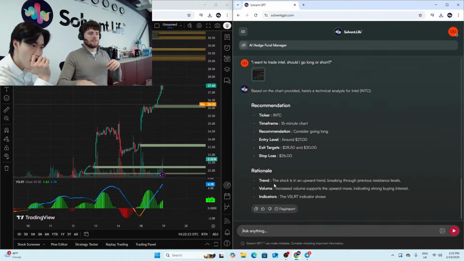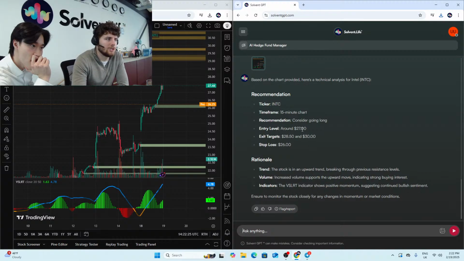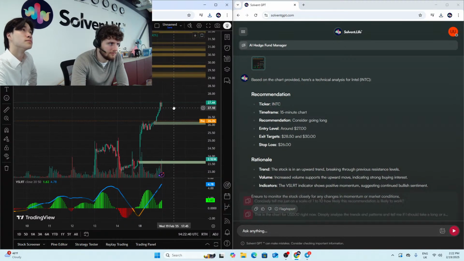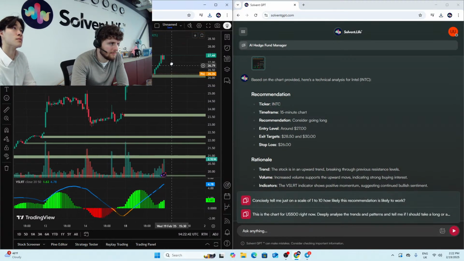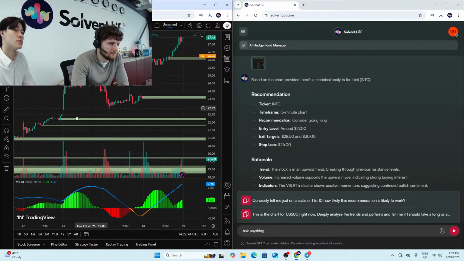Consider going long. Our entry level around $27. Our exit targets $28.50 and $30. Stop loss at 26. Rationale wise, the stock is in an upward trend, breaking through previous resistance levels. Fantastic.